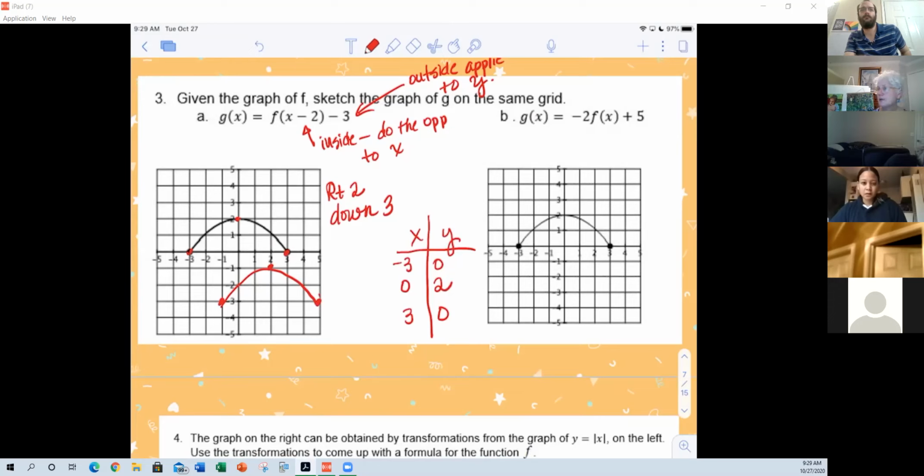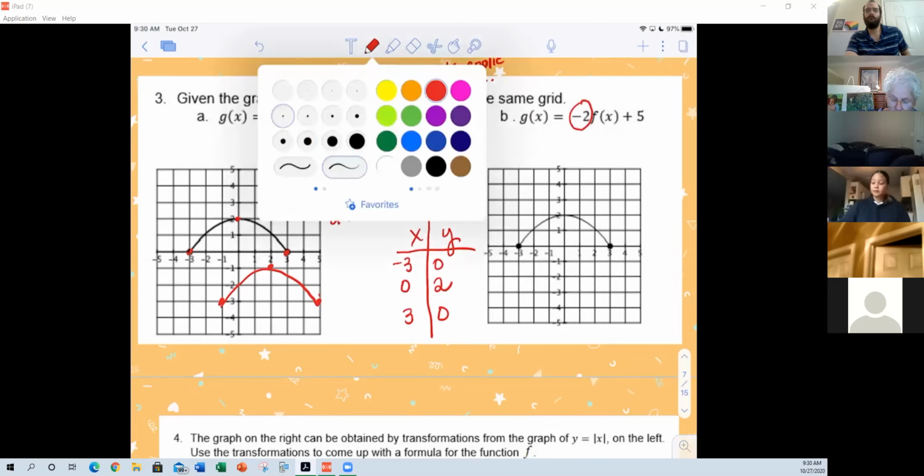So what would be the first thing we would do, and what variable would it affect? We do the -2 first, right? And what would we do that to? The y value. That's right, good. So I'm going to take the -2. Remember, if it's on the outside of the function, it affects the y values. So I'm going to take the y values and multiply them by -2.